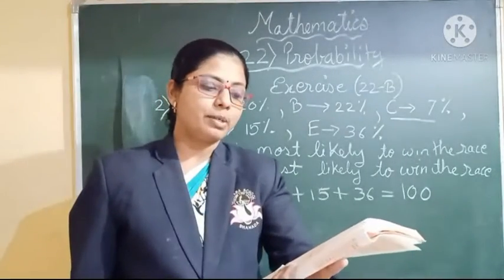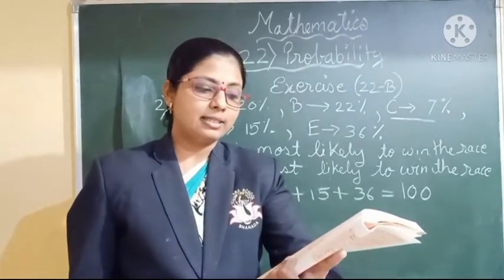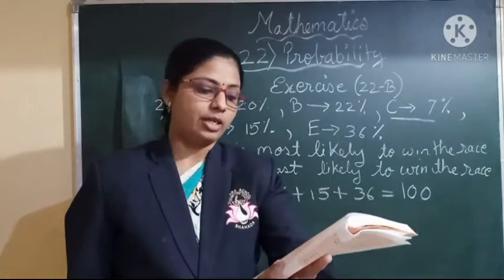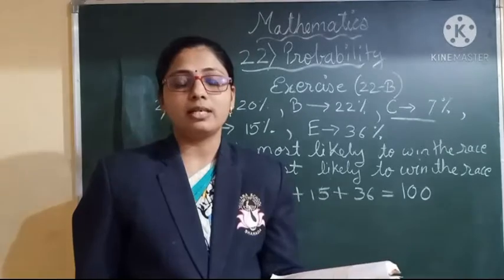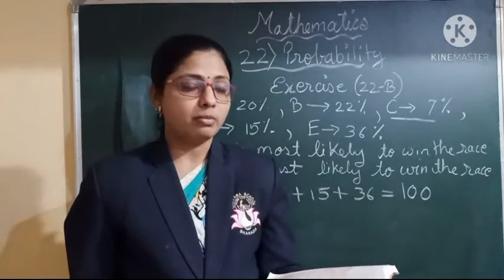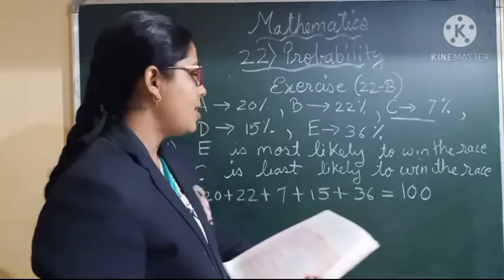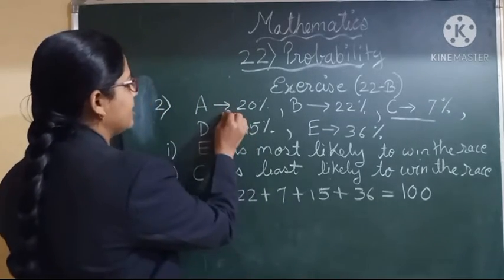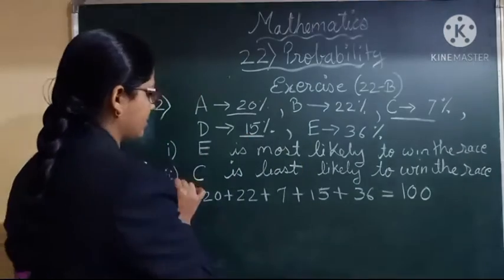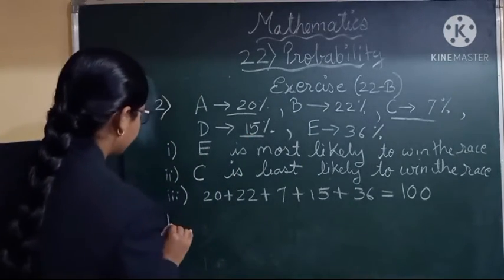Then find the probability that either A or D will win the race. So let us look at A and D. A is 20% and D is 15%.